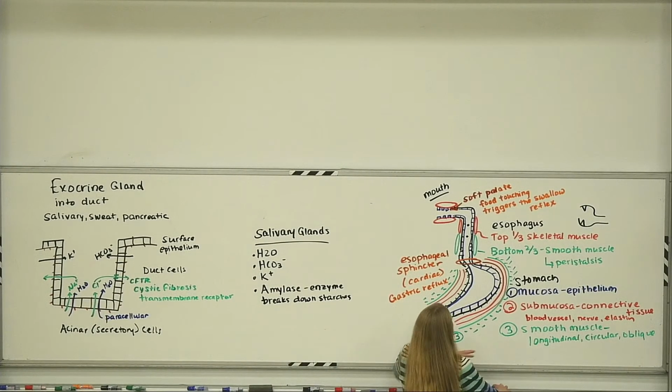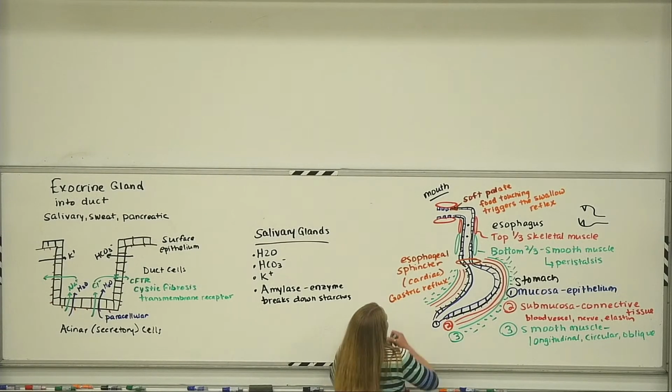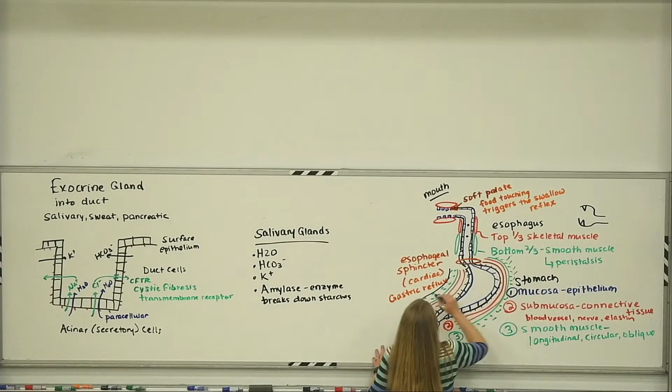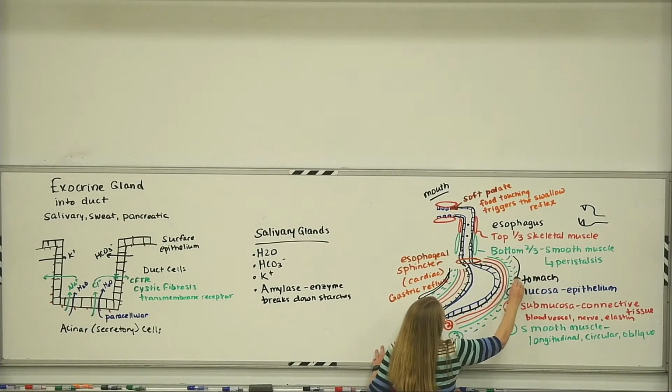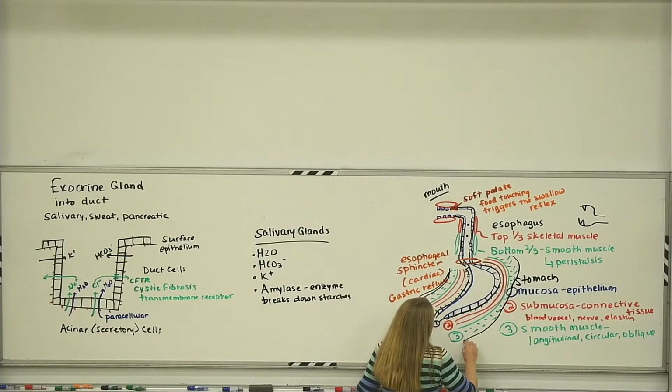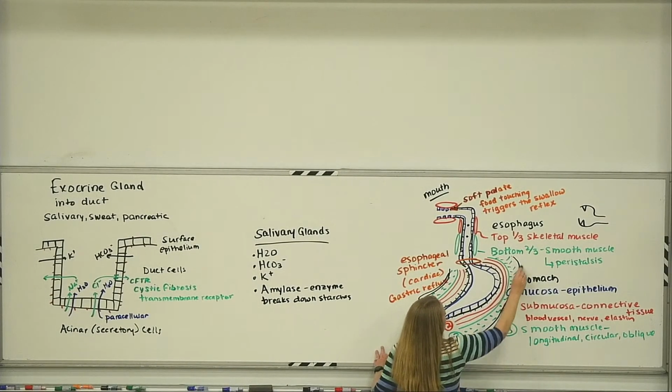And then finally, we said there is a serosal layer. Okay, and that's a mesothelium, so it's that balloon-like structure that you grow your organs into.